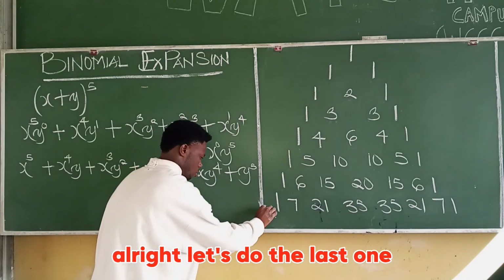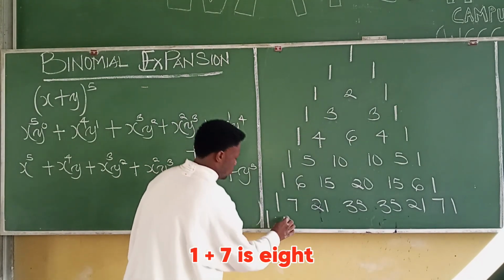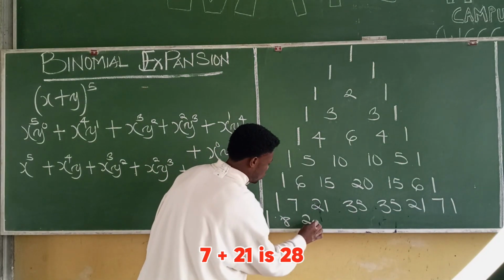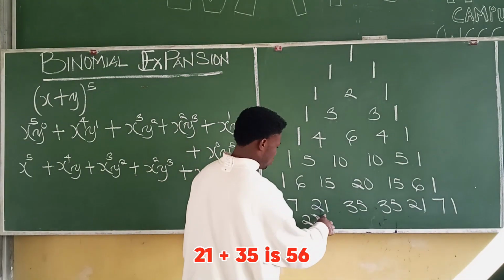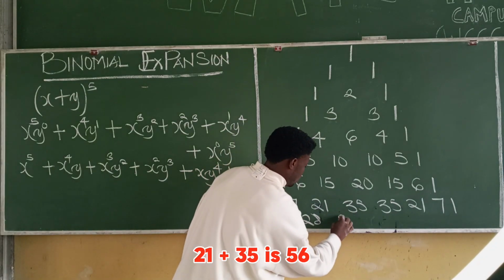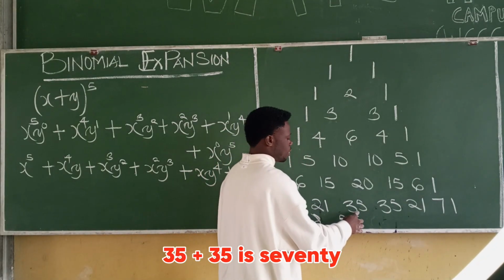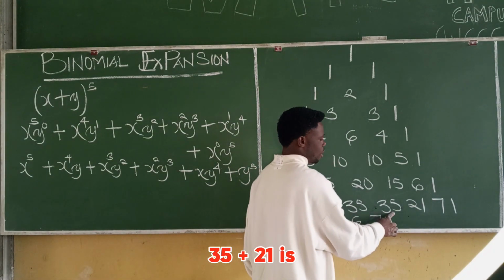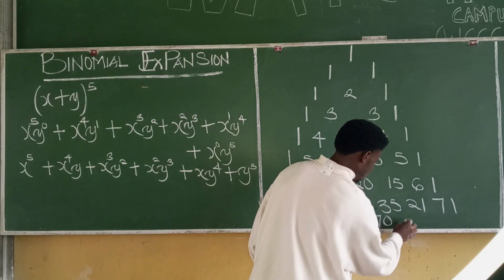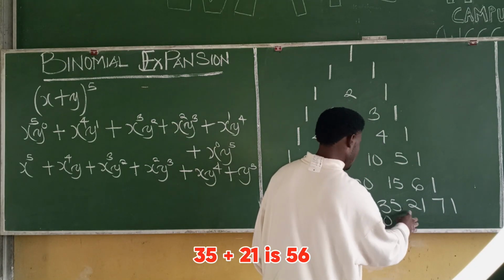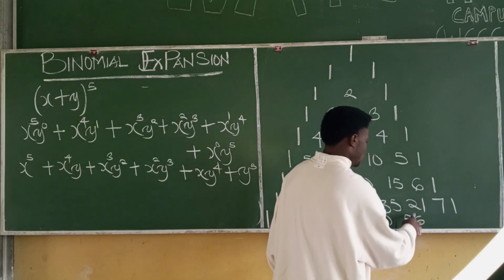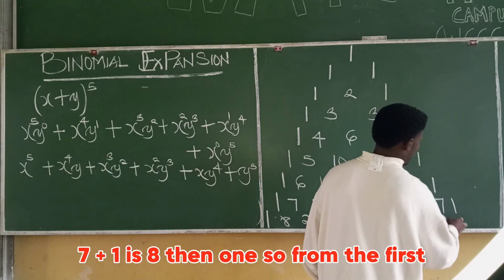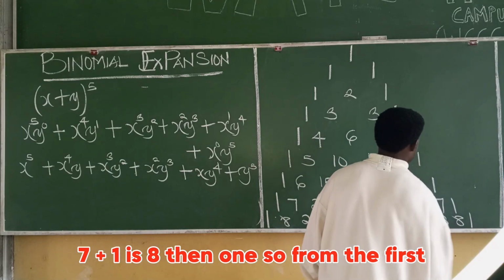Alright, let's do the last one. 1 plus 7 is 8. 7 plus 21 is 28. 21 plus 35 is 56. 35 plus 35 is 70. 35 plus 21 is 56. 21 plus 7 is 28. 7 plus 1 is 8, then 1.